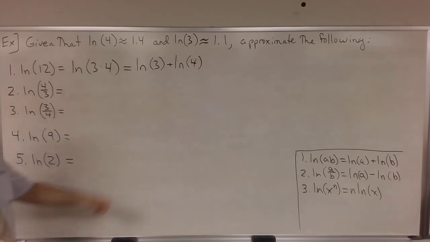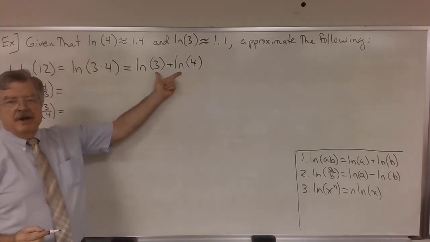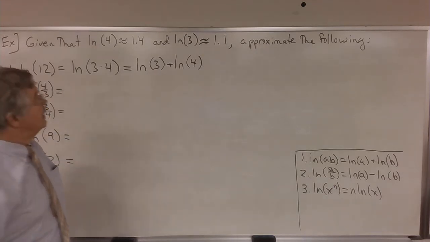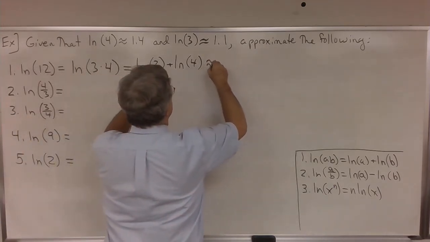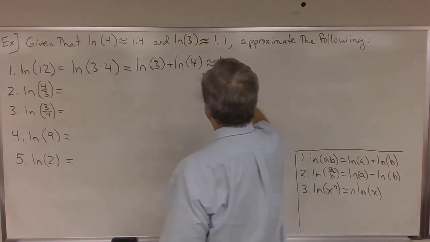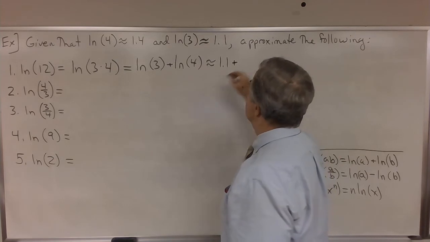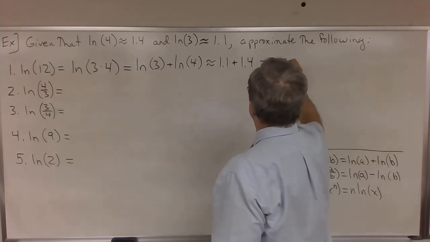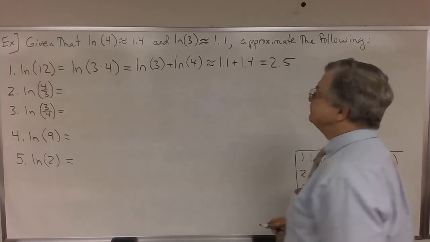And this is exactly where we want to be because we know what each of these things is equal to approximately. Natural logarithm of 3 is approximately 1.1. Natural logarithm of 4 is approximately 1.4. So we get 2.5.